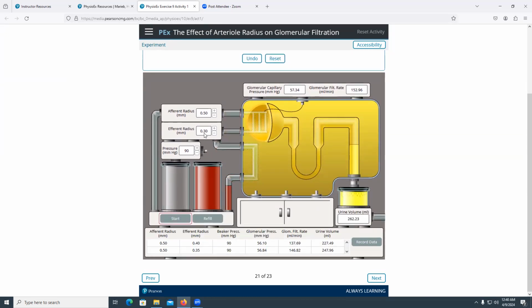Now, this is a reading for 0.3 efferent radius. Record the data. So for 0.3, I had the most glomerular pressure and glomerular filtration.